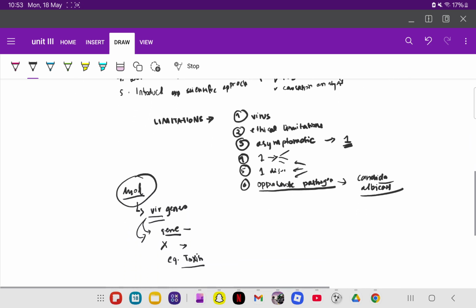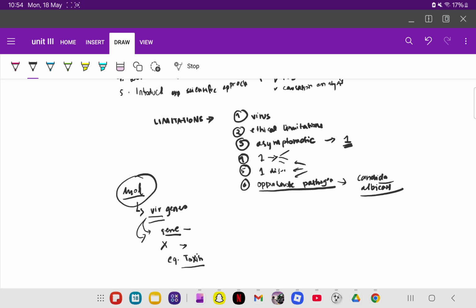And there are also some limitations, because we talk about growing it in a culture, but we know viruses need live cells in order to grow. There are also some species that don't grow that well in artificial lab cultures, artificial environments. There are also ethical limitations, because generally you're doing all these experiments in lab animals, right?